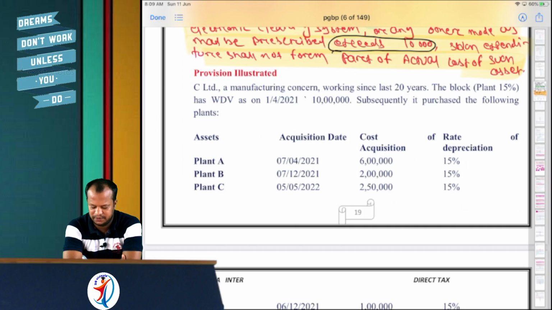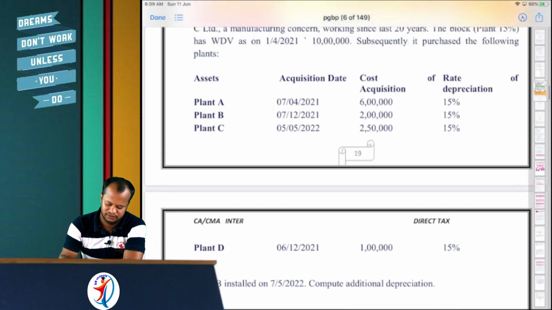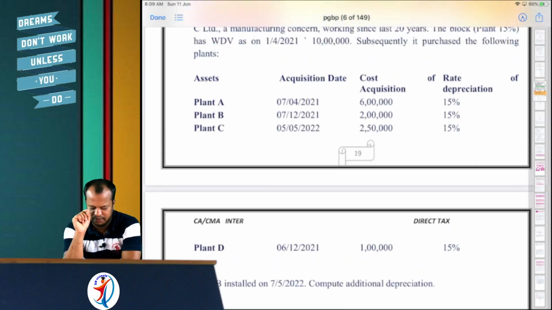Subsequently, it purchased the following plants: Plant A, Plant B, Plant C. The acquisition dates are 7th April 2021, 7th December 2021 and 5th May 2022. Cost of acquisition are 6 lakh, 2 lakh, 2 lakh 50. Rate of depreciation is 15%.